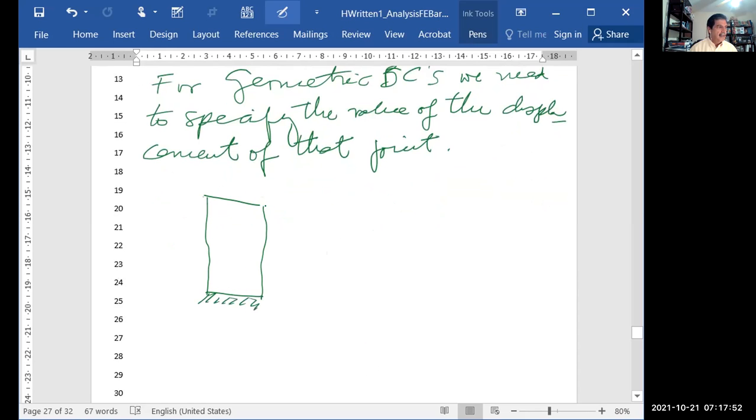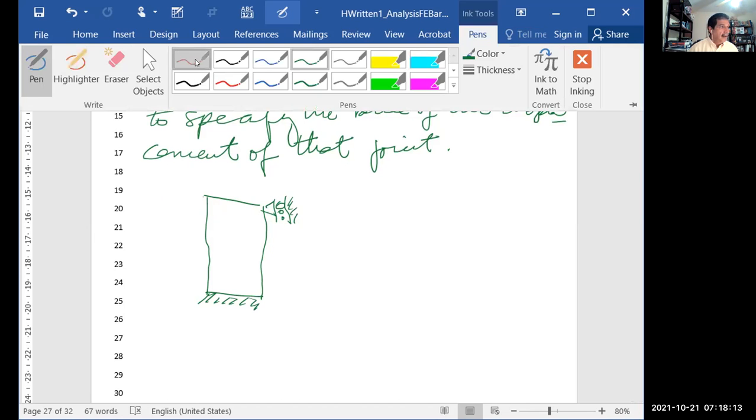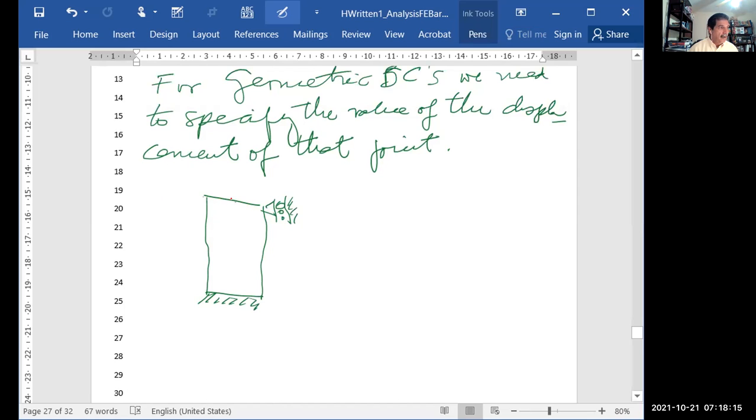And this is guided like that, okay? And what we're specifying is that this edge, the upper edge, moves vertically a certain amount, okay? So in this case, the condition is that, okay, this edge moves downward, for example, 1 millimeter.